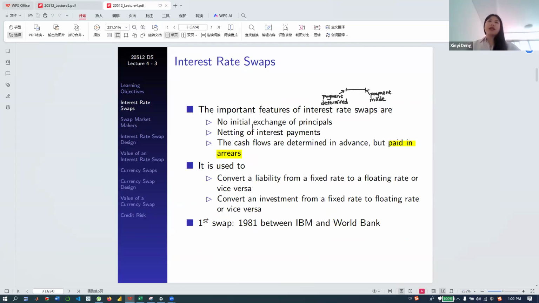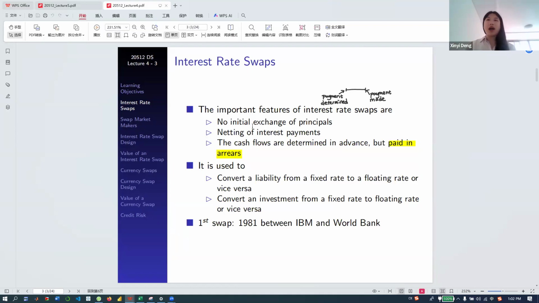Now let's start with interest rate swaps. For interest rate swaps, you don't have any initial exchange of principals, but you do have some nominal principal. Let's say you have a nominal principal of a $100 million loan, and you and the other counterparty are exchanging interest payments.